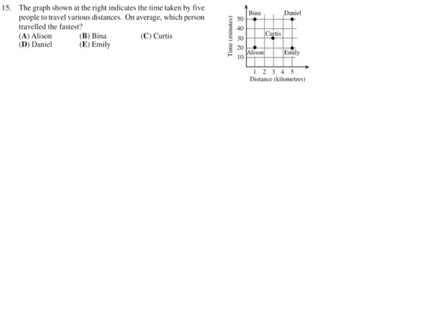The graph shown at the right indicates the time taken by 5 people to travel various distances. On average, which person travels the fastest? All right, so speed is equal to distance divided by time.